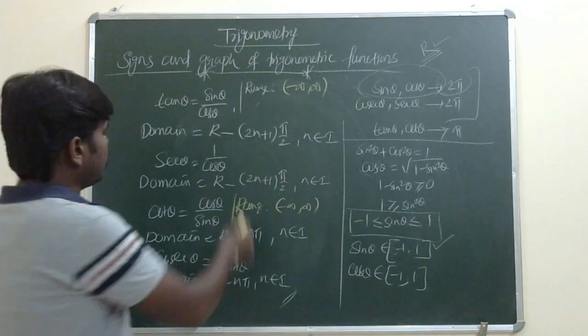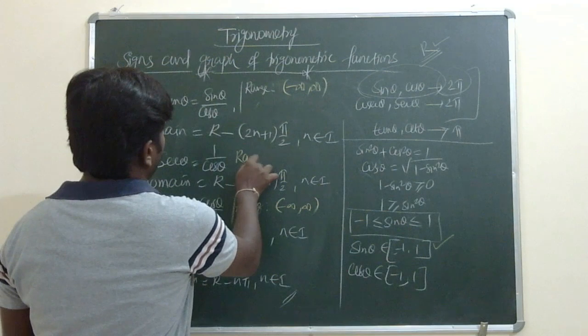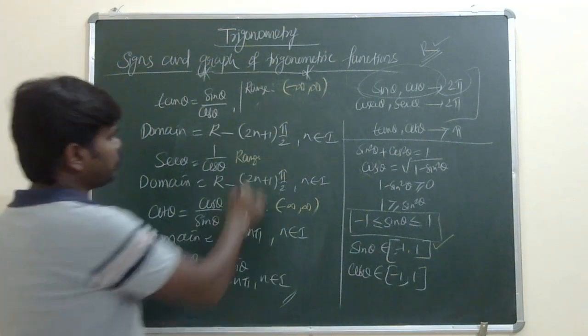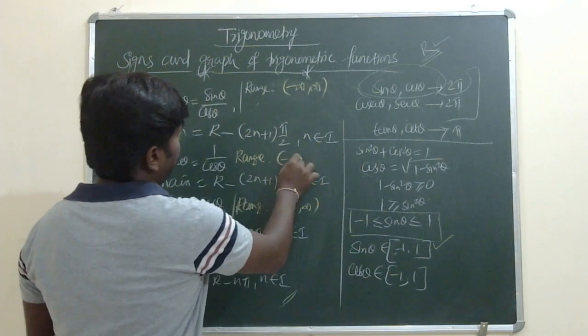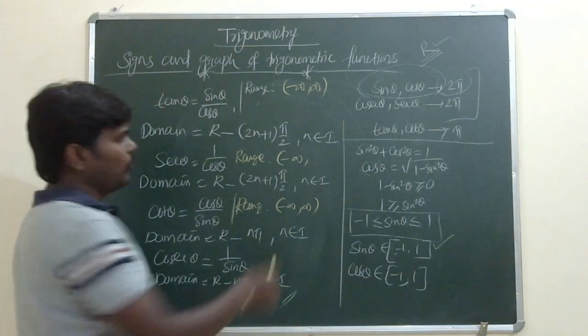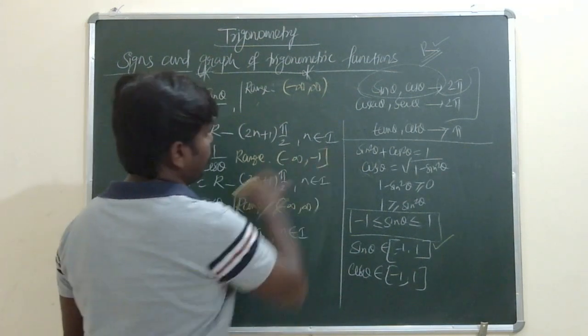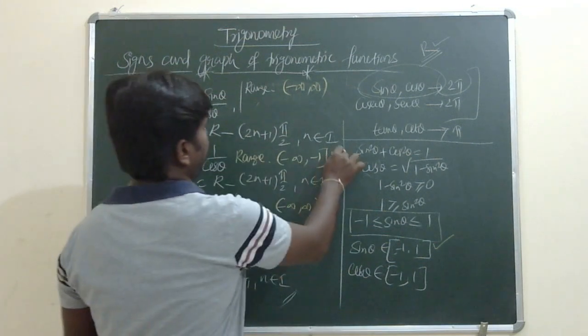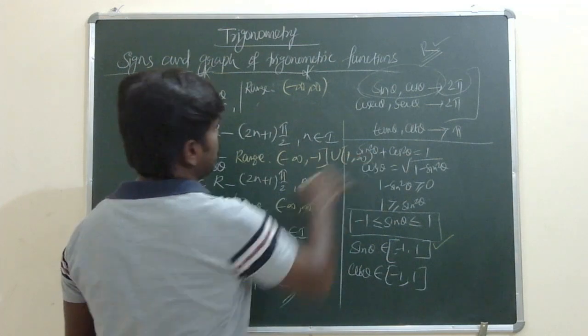Okay. So here the range of the cosecant and secant is minus infinity to minus 1, union 1 to plus infinity.